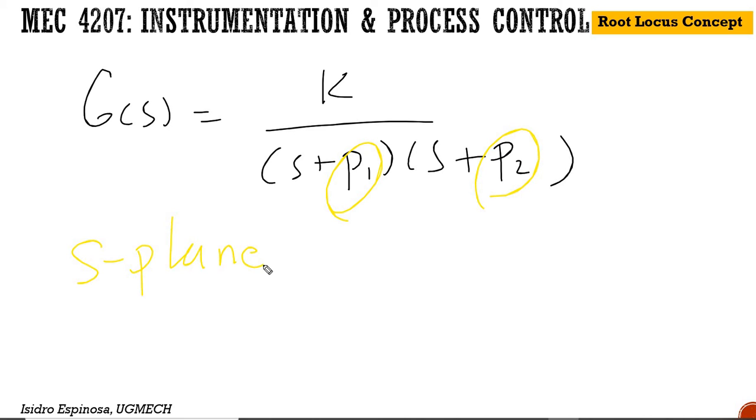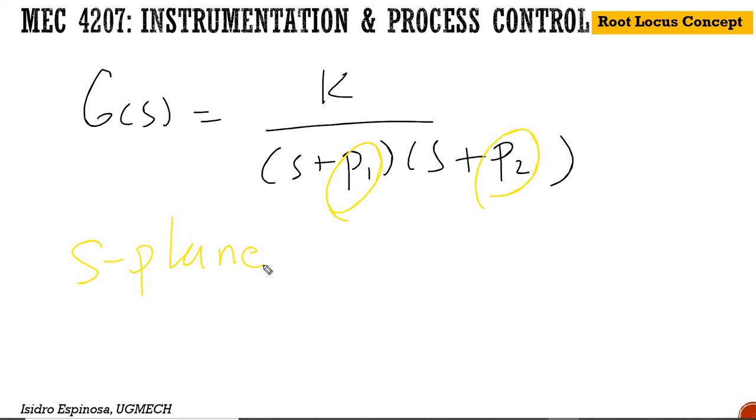the root locus methodology was introduced in the 1940s by Evans and has been developed and utilized extensively in control engineering practice.